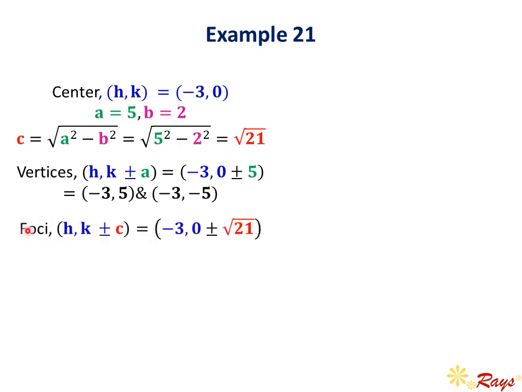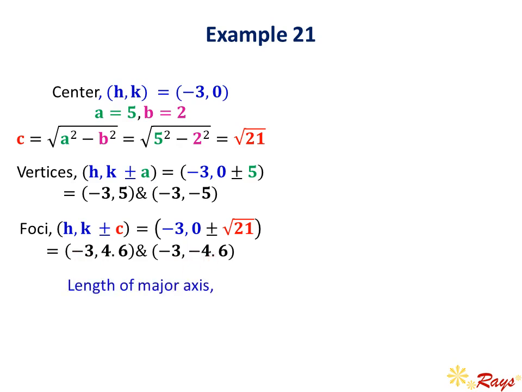Similarly to foci, since foci are also along the major axis, to find foci, we just plus minus c to the y coordinate of the center. So therefore, foci are -3, 4.6 and -3, -4.6.